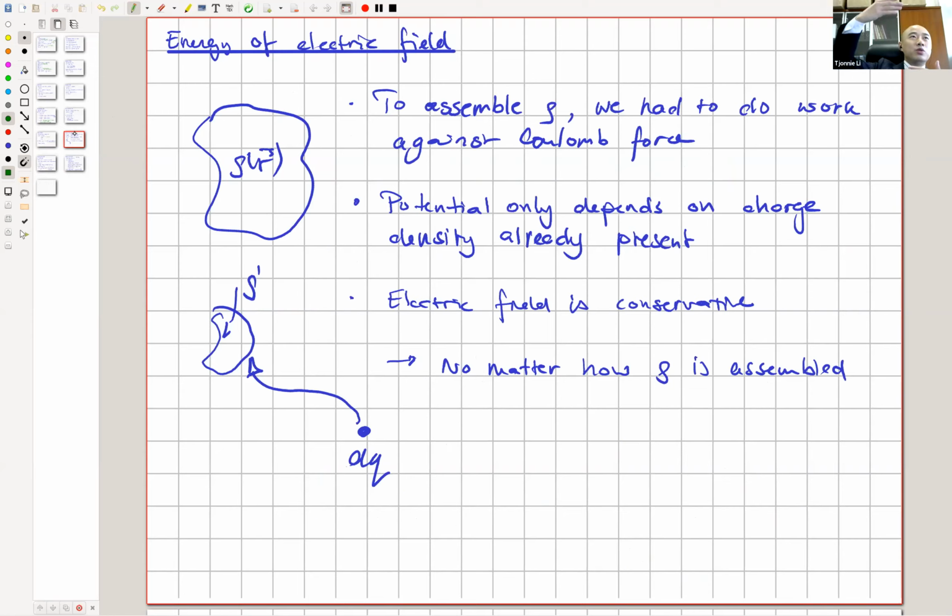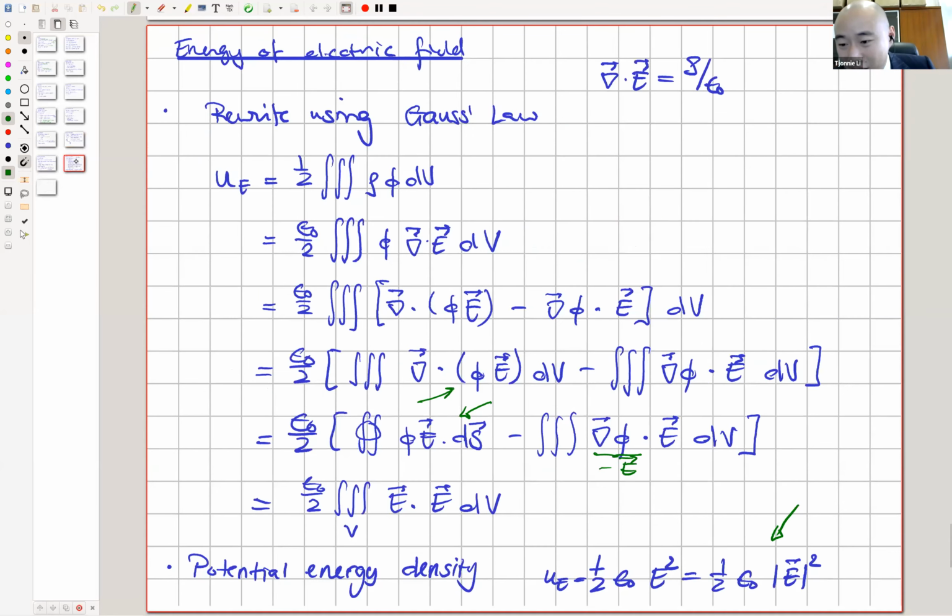But this would not work if I consider an infinitely large charge distribution, in whatever dimension or direction, because then there's no way I can bring something from infinity all the way to that point in order to make that charge distribution. So for anyone who uses this, this is a big caveat you should bear in mind: this expression is only valid for localized charge distributions.